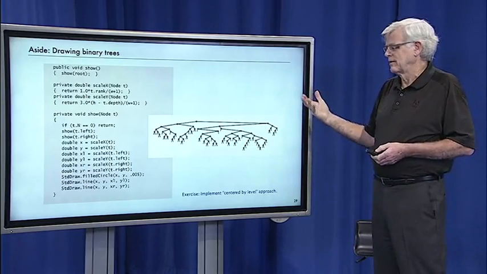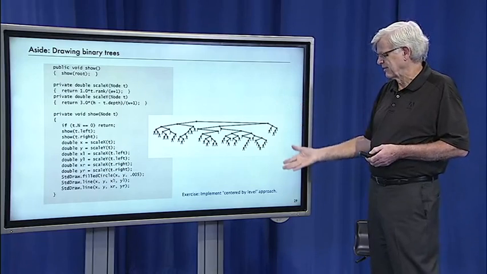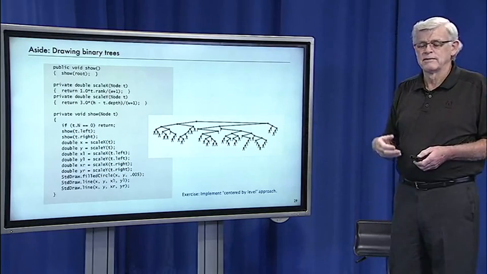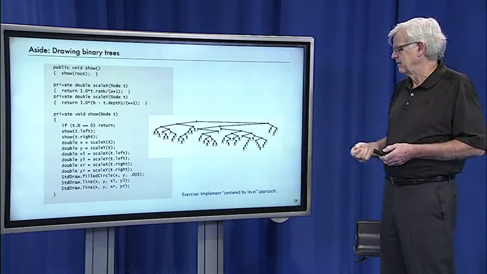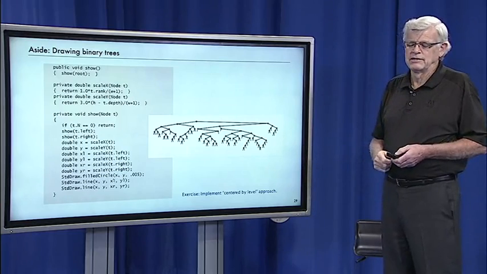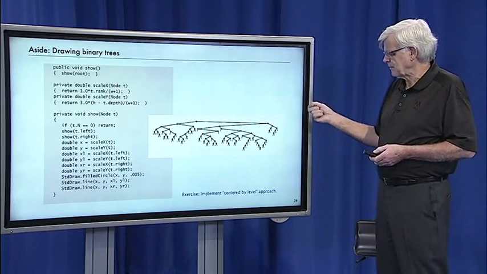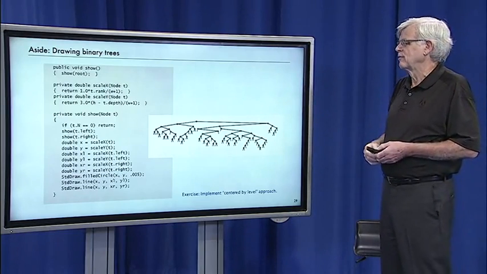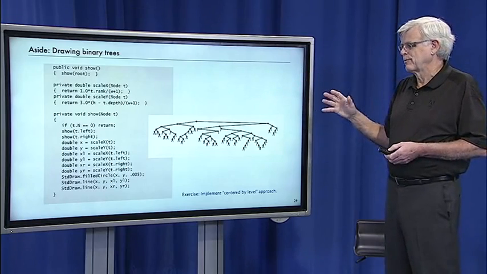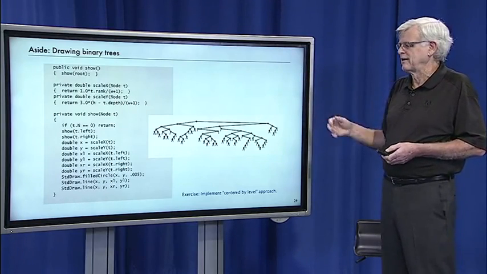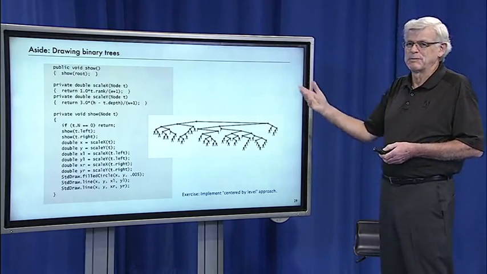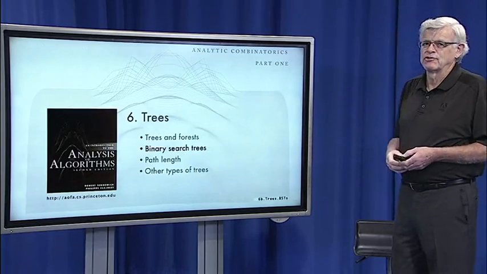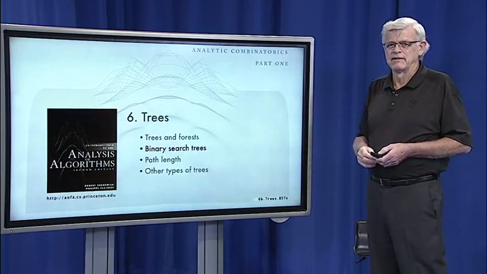And for those of you who enjoy programming, it's an interesting exercise to implement the centered by level method that I did for random Catalan trees, and to draw general trees and forests and other things. Each one of those tasks is an intriguing programming exercise for people who enjoy programming. So that's an introduction to binary search trees, and next we'll get into the analysis.